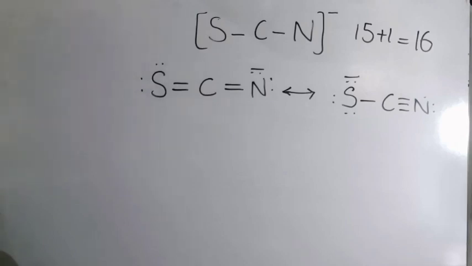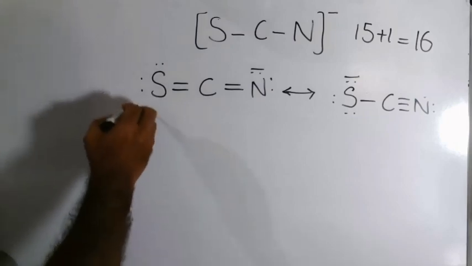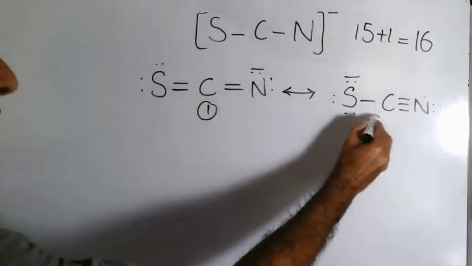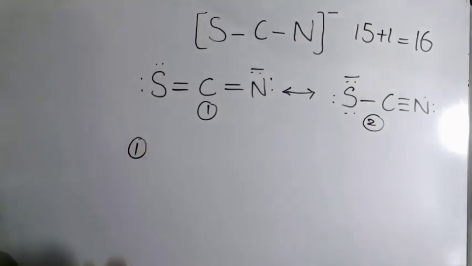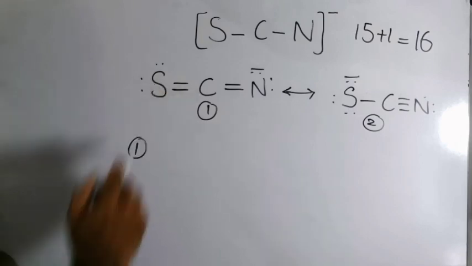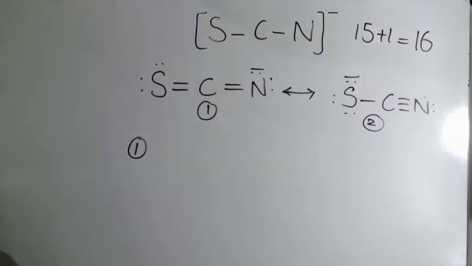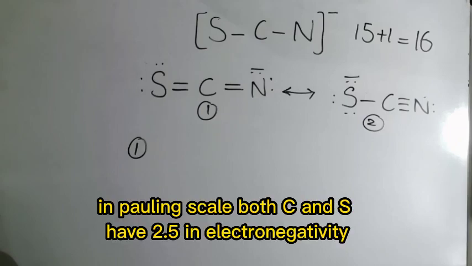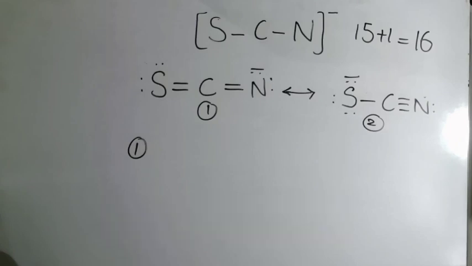Now let us discuss the oxidation number, with structure 1 and structure 2. In structure 1, the sulfur atom has no charge and it is bonded to carbon. When considering the electronegativity of sulfur and carbon, according to the Pauling scale, they are almost equal. In the Pauling scale, both of them are equal to 2.5. So here it is a little bit tricky to determine the oxidation numbers.